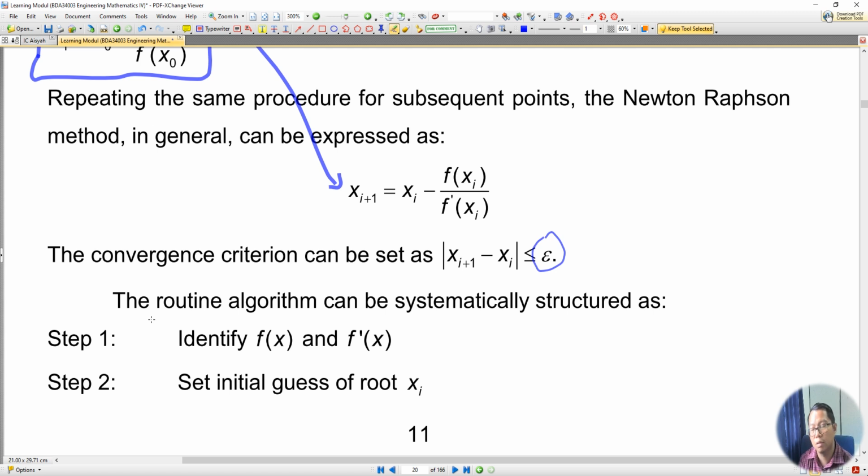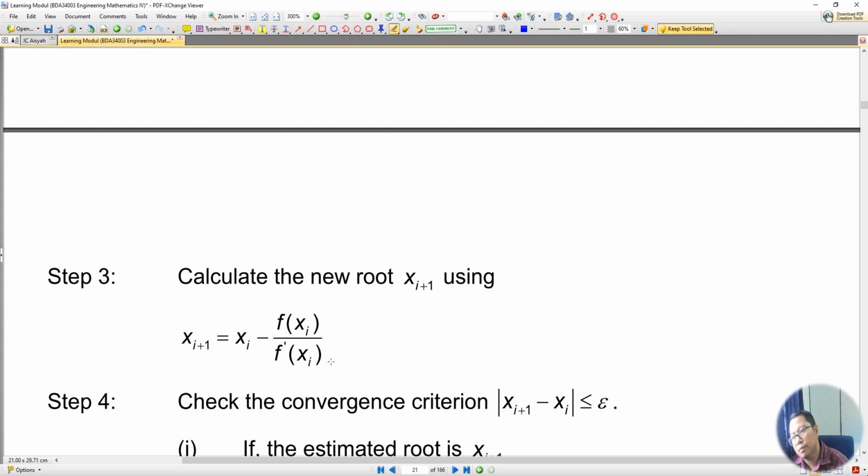Let's say Newton-Raphson, then you construct the table of the Newton-Raphson method first. The next step is to set the initial guess of the root, x_i.